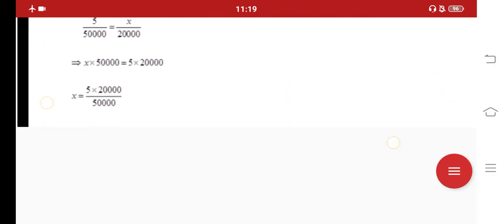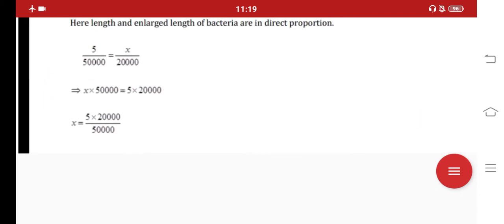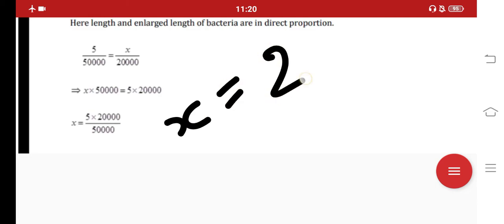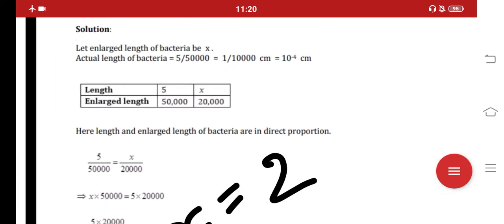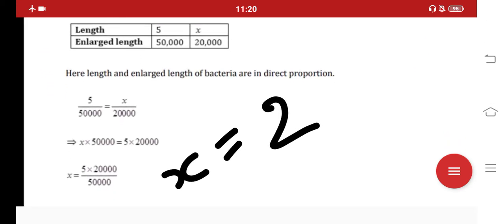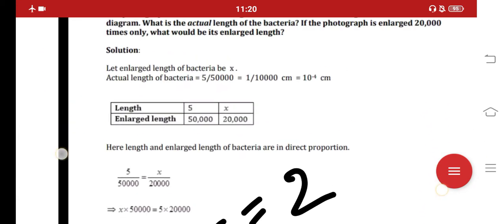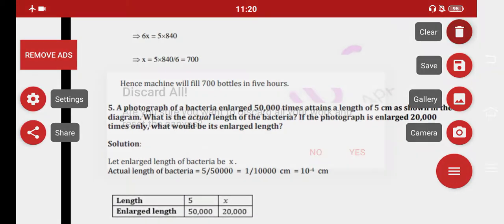See, 5 into 20,000. Here 5 cancels out, all the 4 zeros cancel out, remaining left is 2. So how much length will it attain? It will be 2. And what is the unit given? It is given in centimeter, so it will attain 2 centimeter length. So this is our question number 5. Now see question number 6. What is given here?